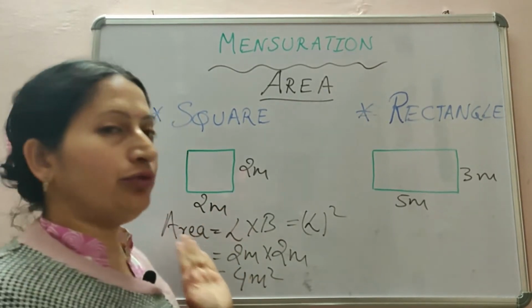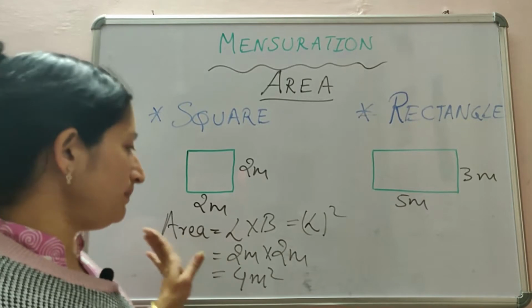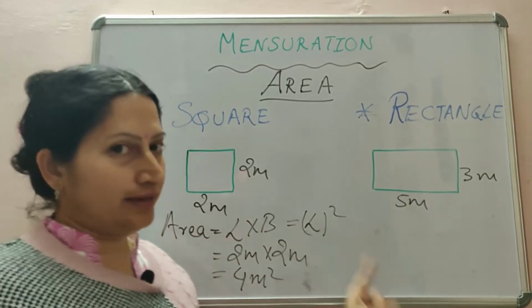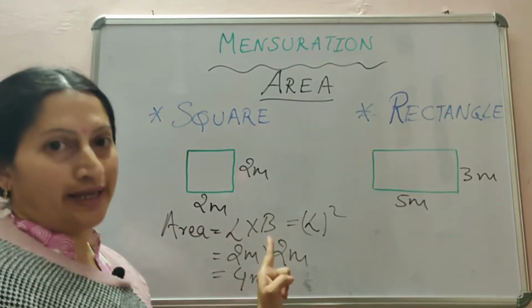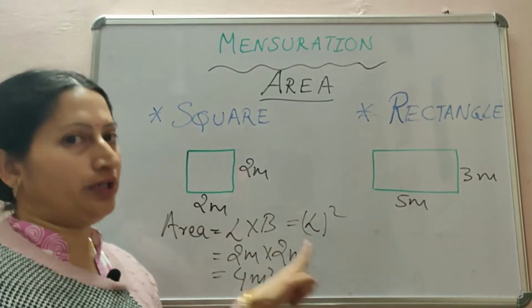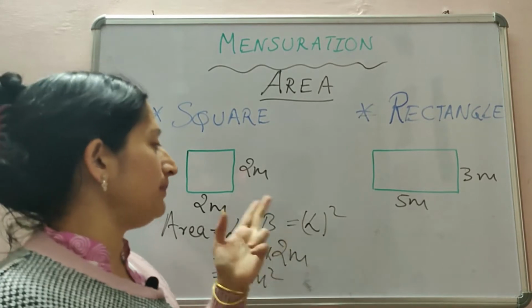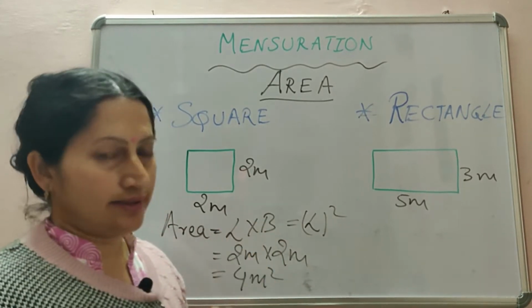So like this you have to calculate area. Just remember the basic formula, length into breadth, for square and rectangle both. In case of a square, instead of breadth you put length. That is the only difference because length and breadth are the same.